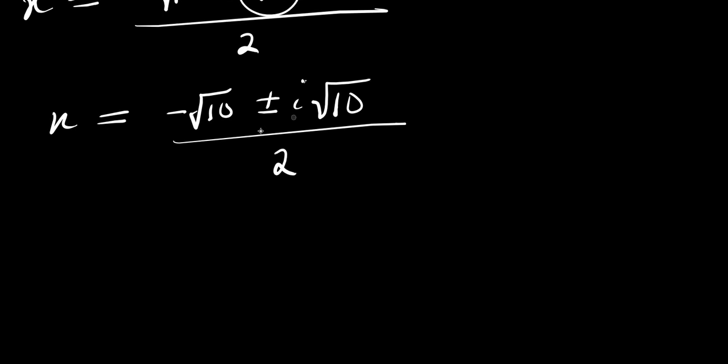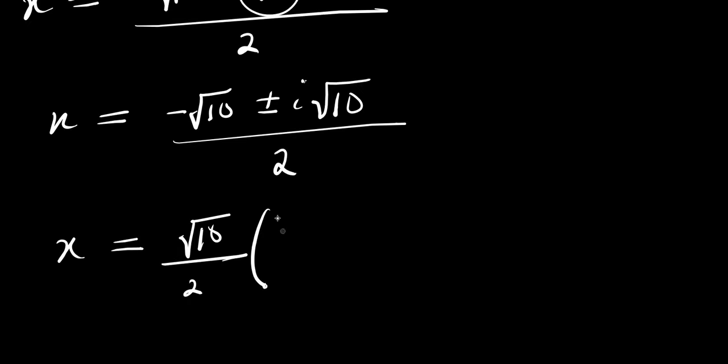So we can factor out root 10 over 2. Then this will be negative 1 plus or minus i.